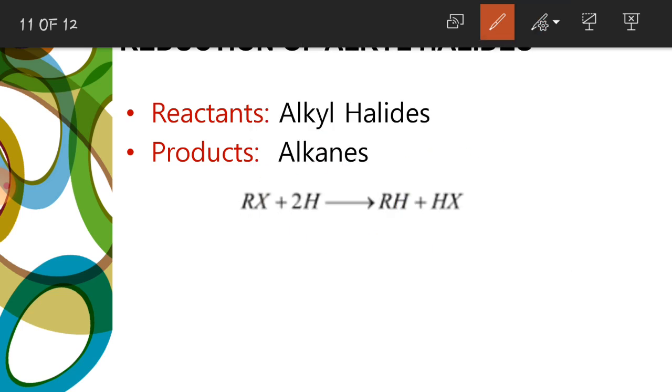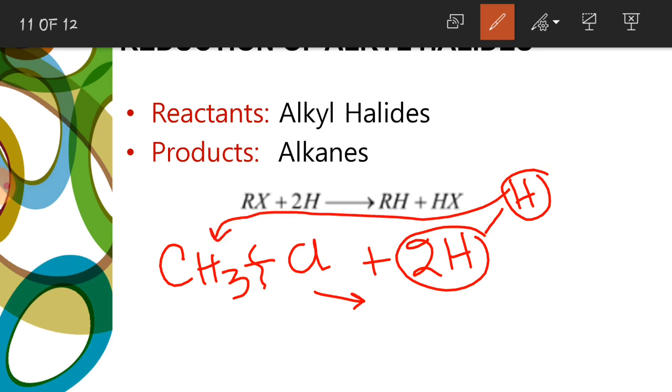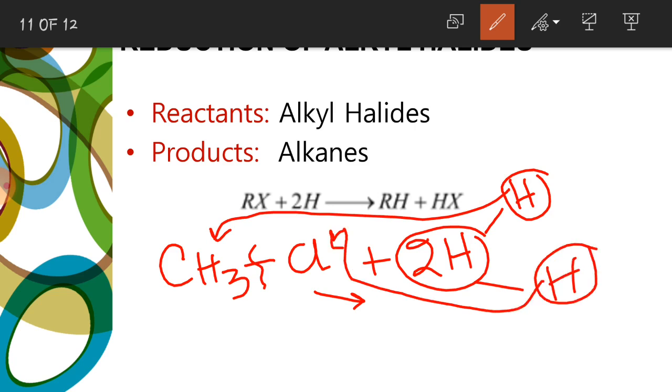For example, let's take an example of an alkyl halide. We take the simplest example, that is methyl chloride. Now, when the bond in methyl chloride breaks, one of the hydrogen atoms gets attached to the carbon atom and the other hydrogen atom gets attached to the chlorine atom.